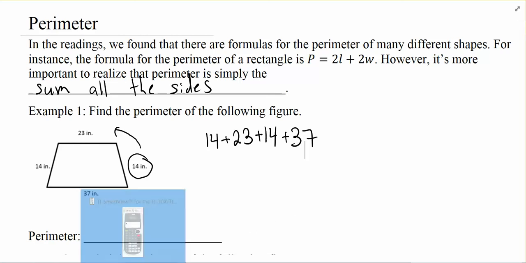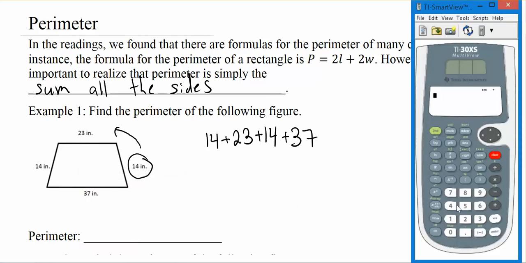So I grab my calculator and say 14 plus 23 plus 14 plus 37 is 88. And that's it.